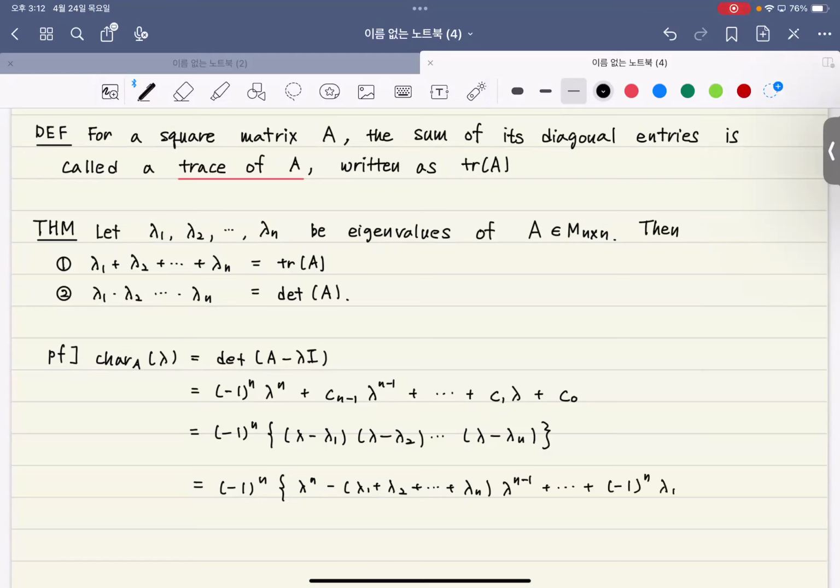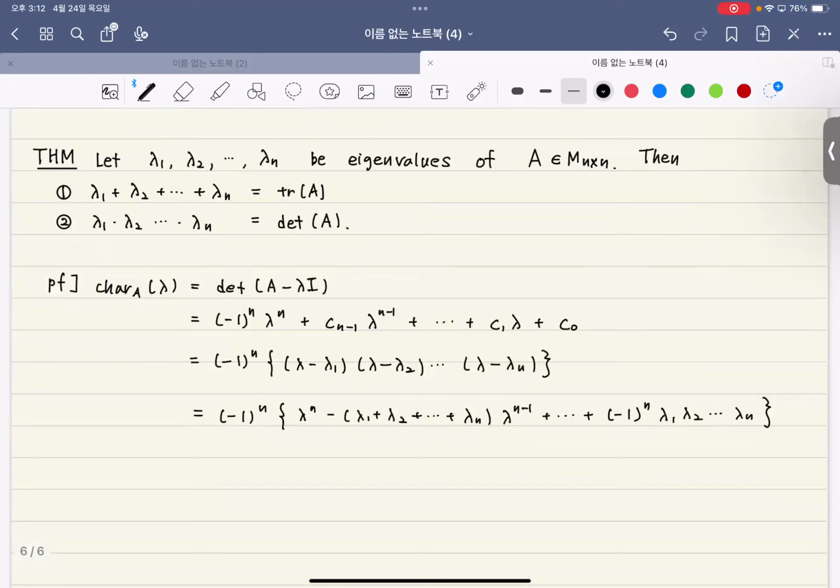The constant term is going to be lambda 1, lambda 2, through lambda n. So comparing this, multiply this by this number: minus 1 to the n plus 1 times lambda 1, lambda 2, through lambda n. This has to be C n minus 1.